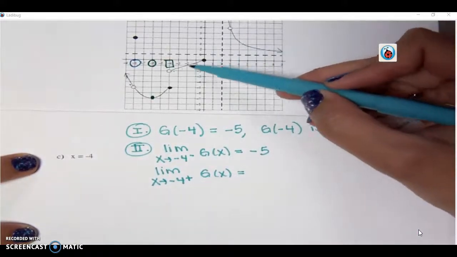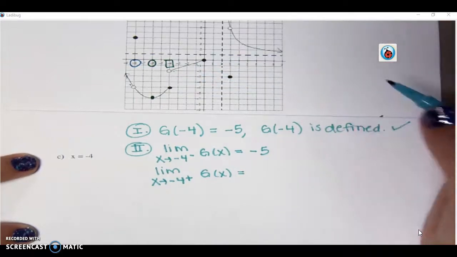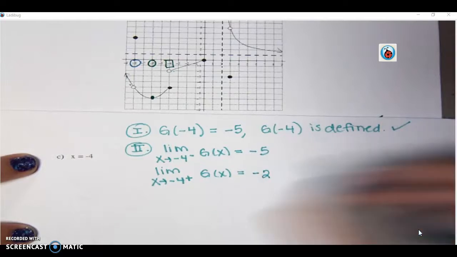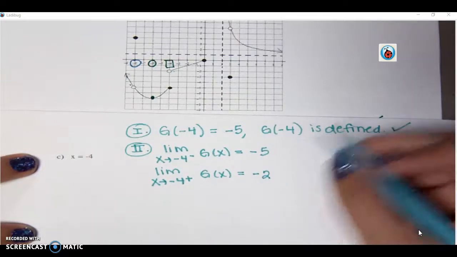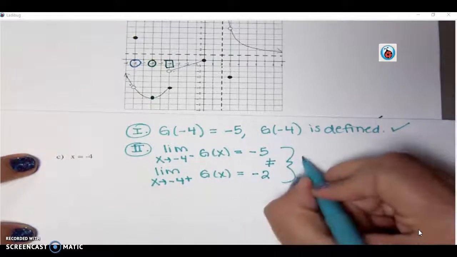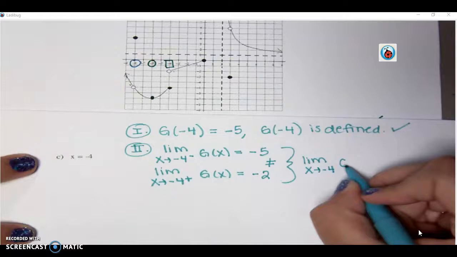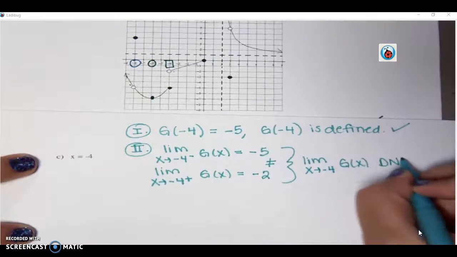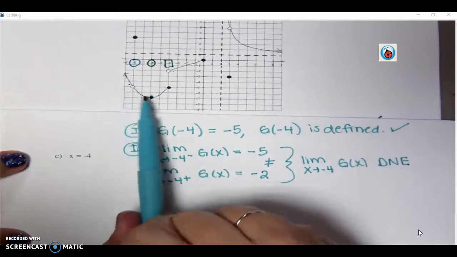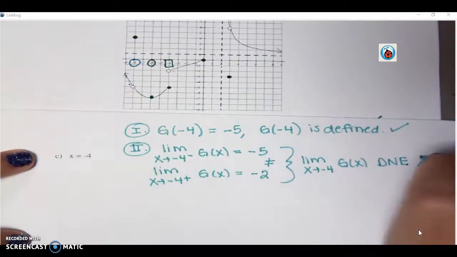As you come in from the right, it's approaching that y value of negative 2. So these two are not equal. That tells us that the limit as x approaches negative 4 of g of x does not exist. Remember, for it to exist, they have to be the same number. When we came in from the left, we were at -5. Came in from the right, we were at -2. So this one does not pass.